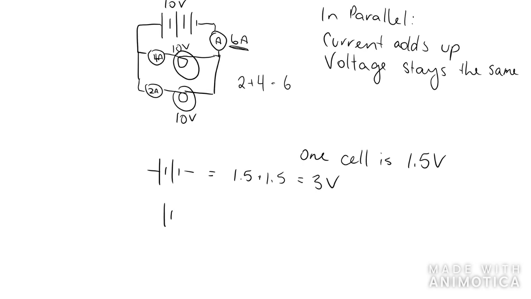If we take those same 2 cells and turn it into parallel, our voltage, because there's 2 different pathways, is only picking up 1.5 volts of energy. So it's only going to have a voltage of 1.5.